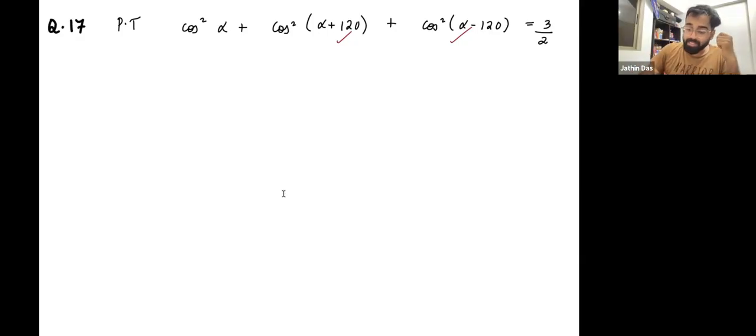So which one are you taking as sin square? I'll also take the same. That alpha plus 120. Okay.